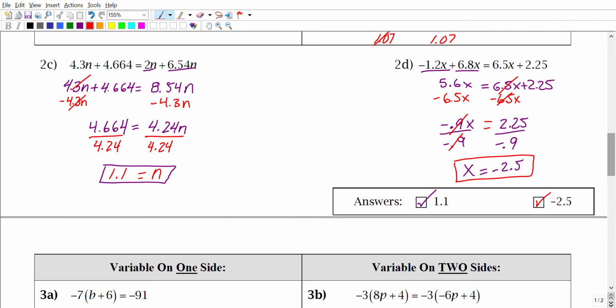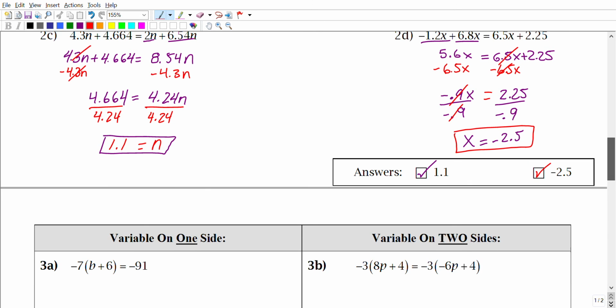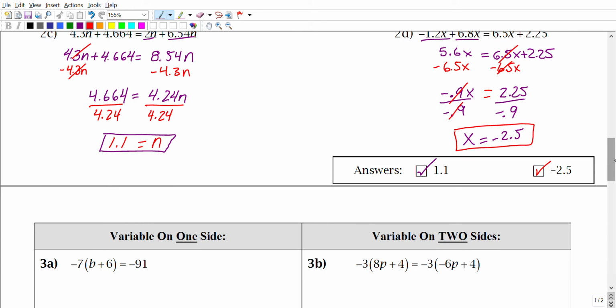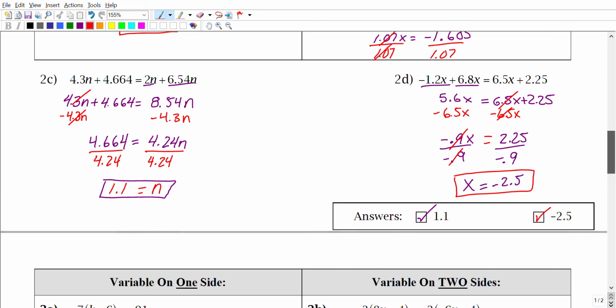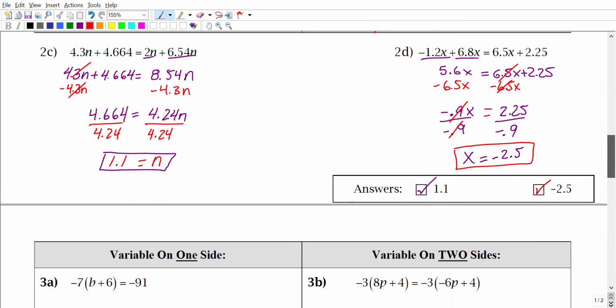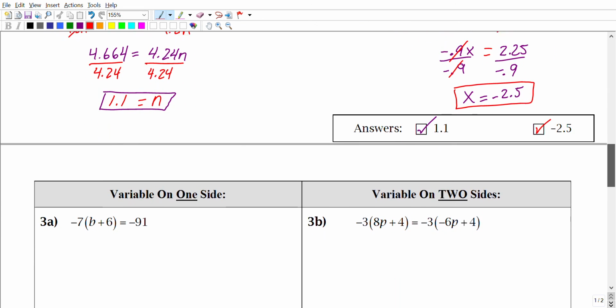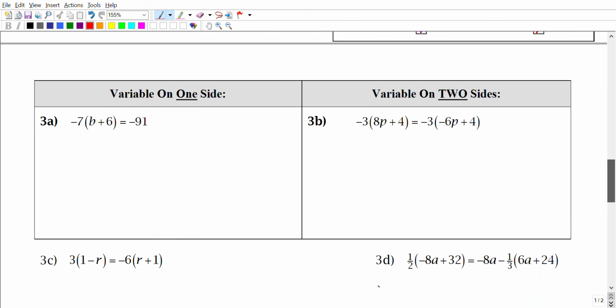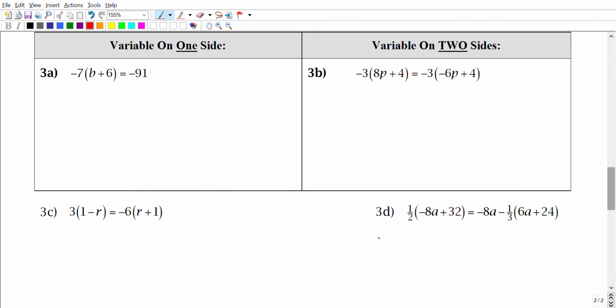Now, like I said, the first few problems we did were just regular linear equation problems. We moved on to decimal problems, but it's okay because they weren't as hard as we thought, hopefully. And now we're just gonna add one extra step that we've also covered in the previous sections, which is distribution. Okay, so let's go ahead and try these problems out. So number 3a is kind of like the ones we've done before, so let's go ahead and solve it.